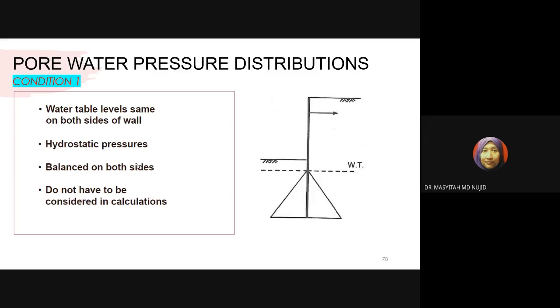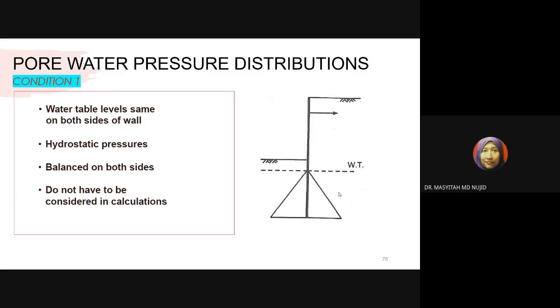So the first condition, when you have the retaining wall where the site has some sort of water level conditions. So the first condition is referring to the case where the water table levels are similar on both sides, behind the wall and also in front of the wall. The water level is at the same height, and then it gives the hydrostatic pressure.